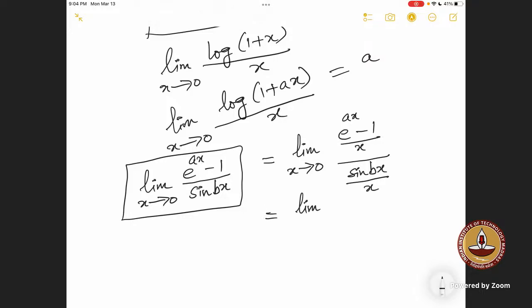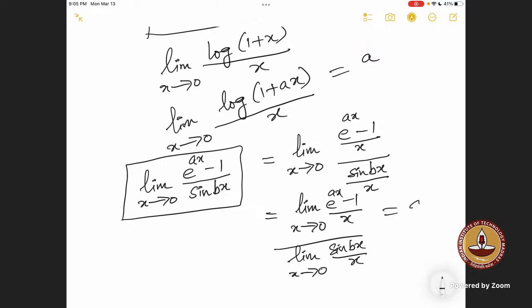The limit as x tends to 0 of (e power ax minus 1) by x, and similarly the limit as x tends to 0 of sin bx by x. These formulas are already known to you, right? The value of the limit in the numerator will be simply a.